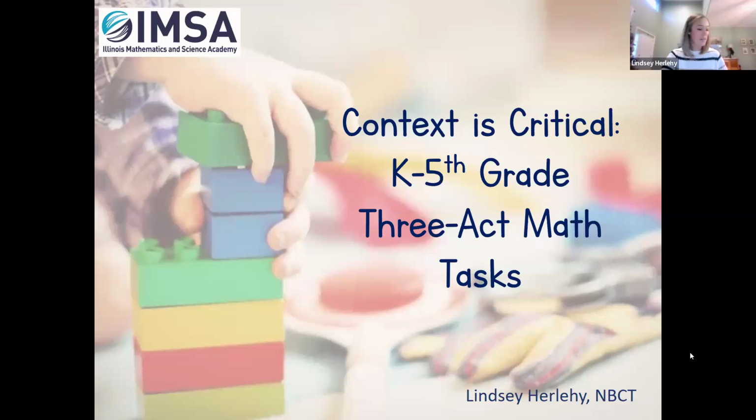What we're looking for elementary students to do primarily is to make sense of story problems, to use numbers flexibly, and we also want them to be proficient in asking questions. And 3-act math tasks definitely are able to do all of those things. So we are going to take a look at what these are and see how they really allow students to use inquiry-based learning and mathematical modeling in order to understand mathematics through a variety of different math concepts.